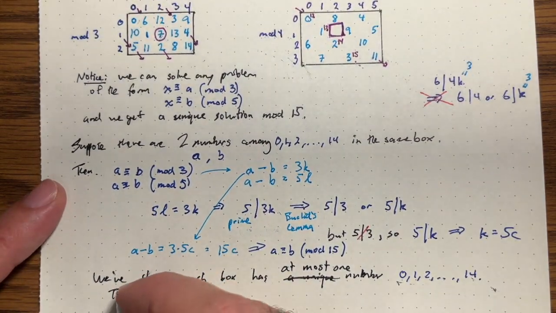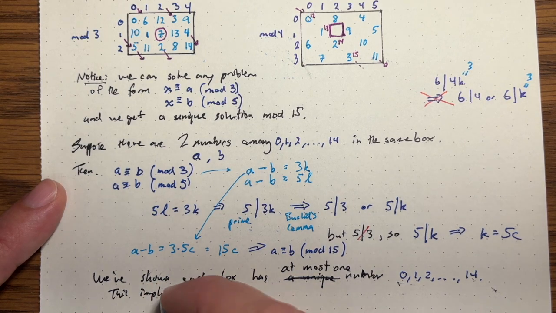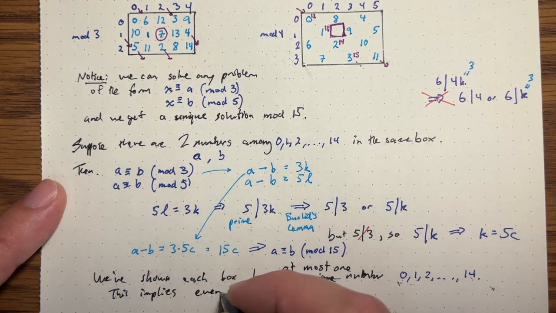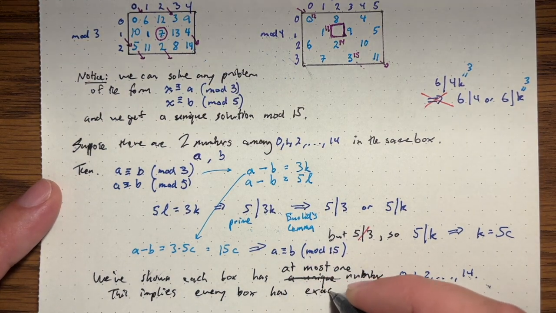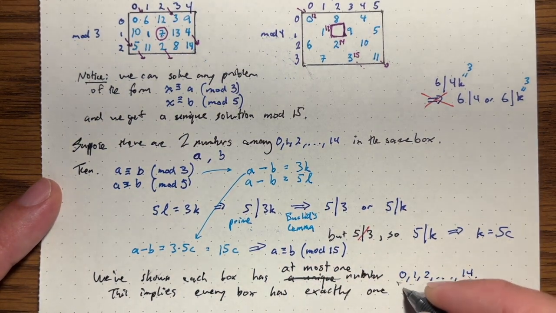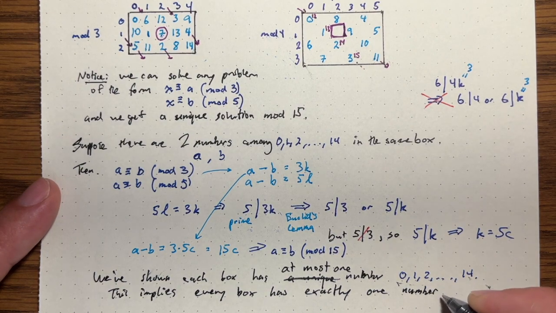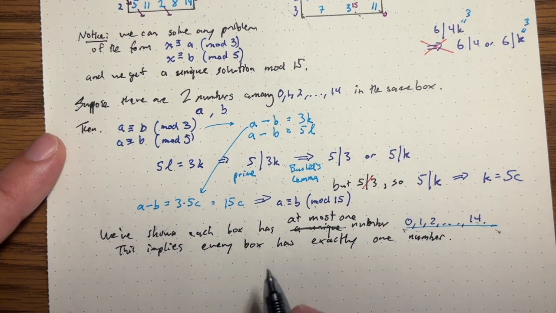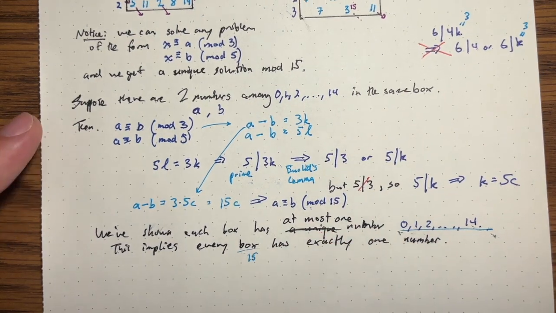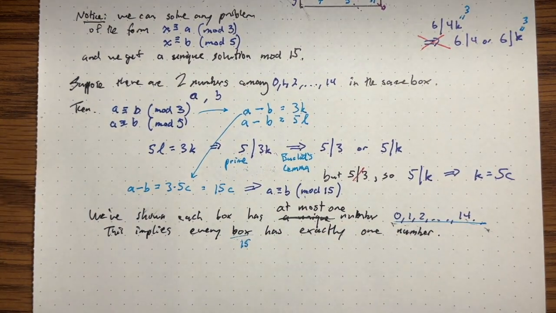So this implies every box has exactly one number, since there are 15 numbers here, and there are 15 boxes.